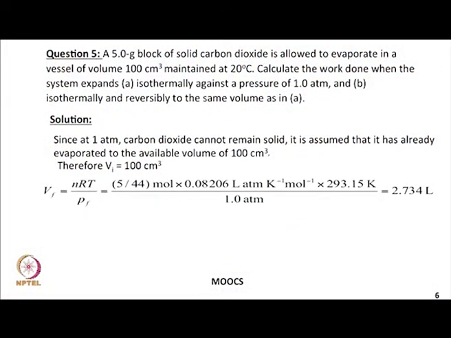Vf is equal to nRT by Pf, n is 5 divided by 44, 5 is the weight of carbon dioxide solid and 44 is its molecular weight. So, 5 divided by 44 is the number of moles. R value here is being used in liter atmosphere per Kelvin per mole for obvious reason, because we are using pressure in atmosphere, and use temperature in Kelvin 293.15 Kelvin. This gives a final volume of 2.734 liter.